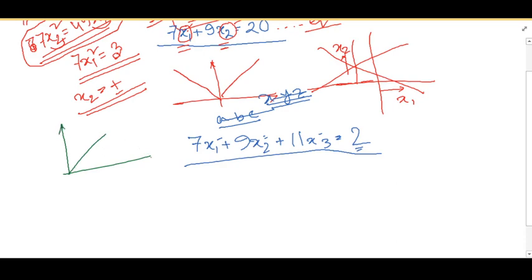If these are three axes, say x, say y, and say this is z, the straight line for this may be as shown here. There might be a straight line like this, and this will be a straight line, not a curve or anything else.